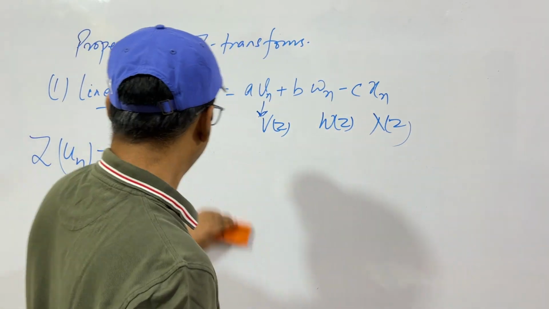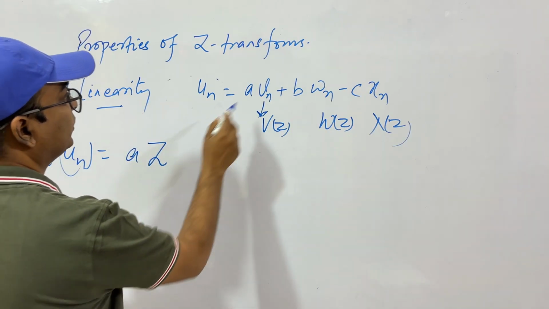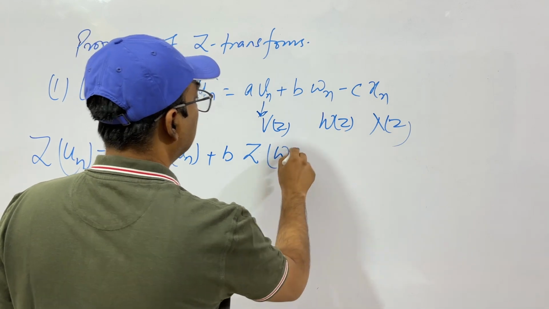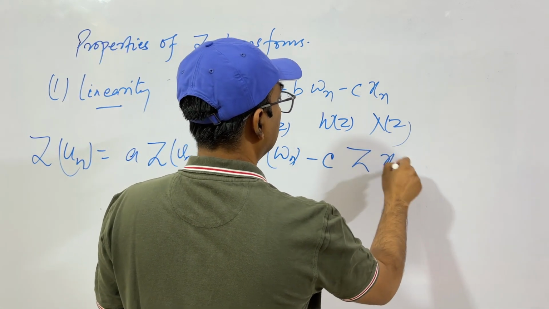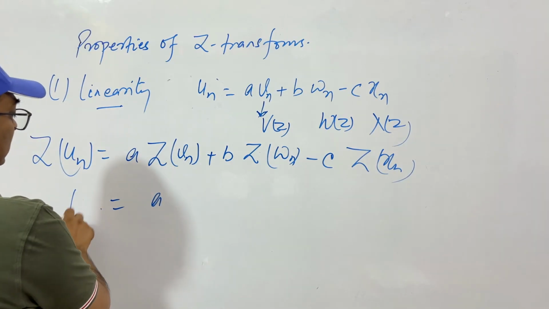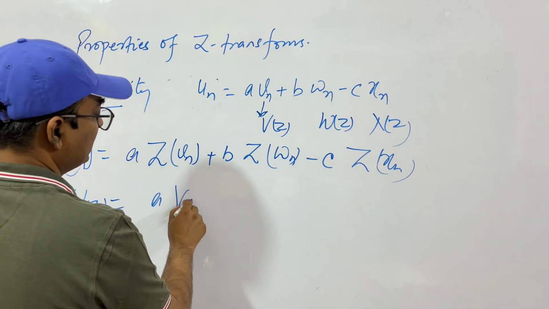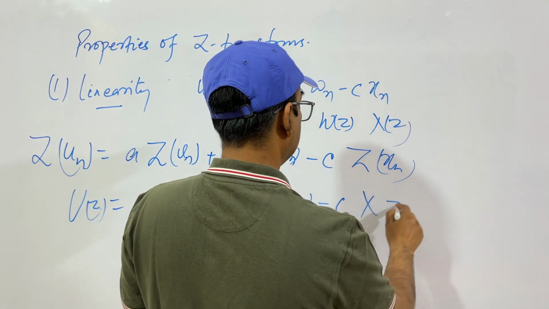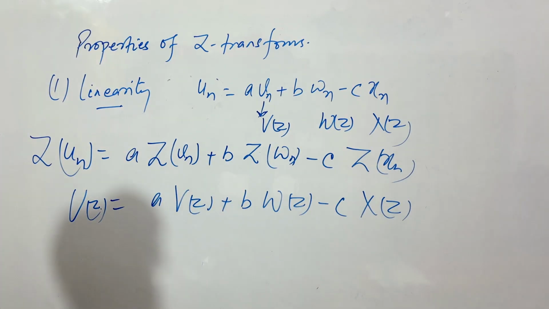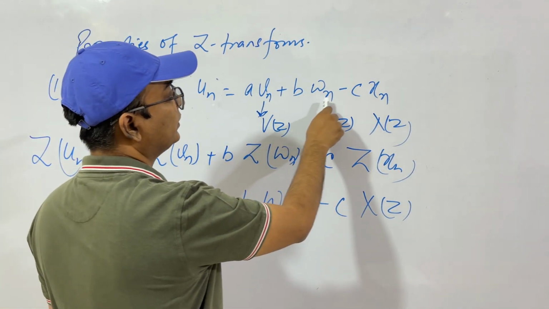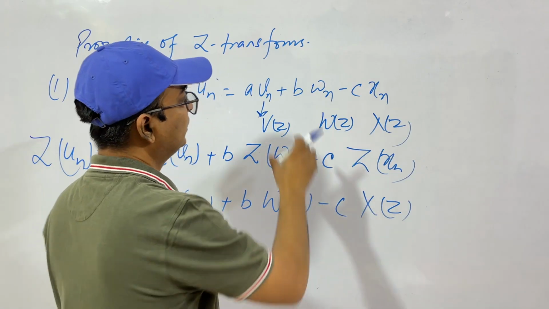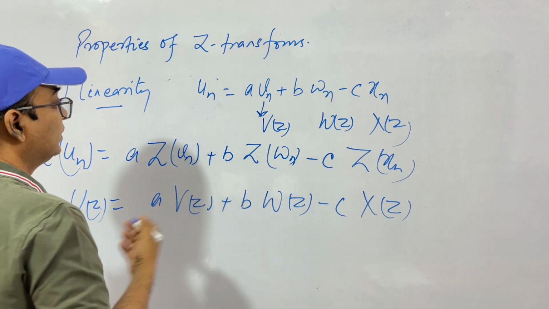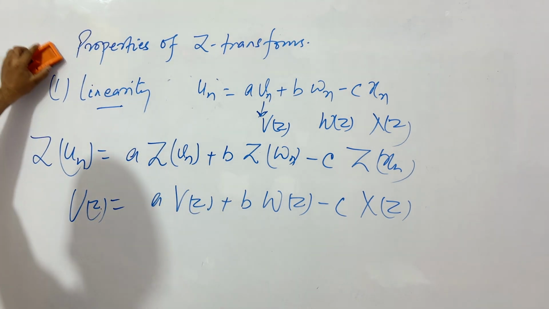So what we get is a times the Z transform of v(n) plus b times the Z transform of w(n) minus c times the Z transform of x(n), or U(z) equals a V(z) plus b W(z) minus c X(z). This is the linearity property. If you have a linear combination of different discrete functions, you can separate their transforms and add them, as we do with any linear combination. So this is the first property.